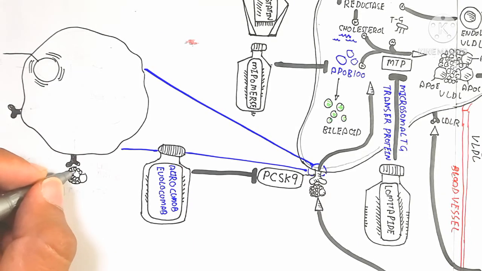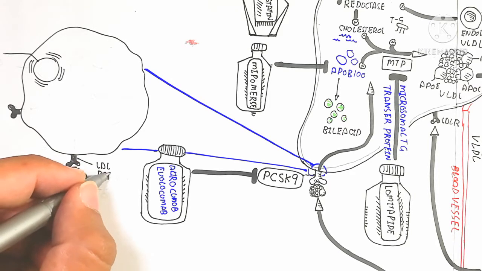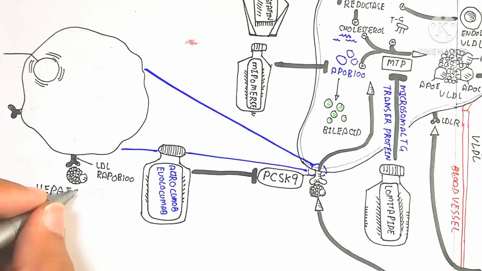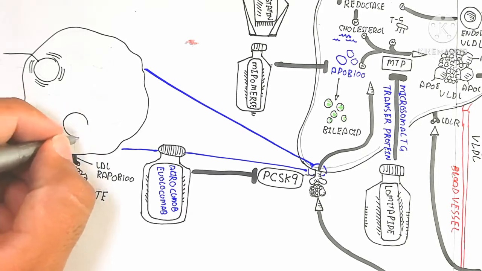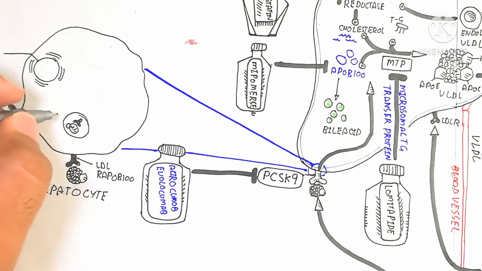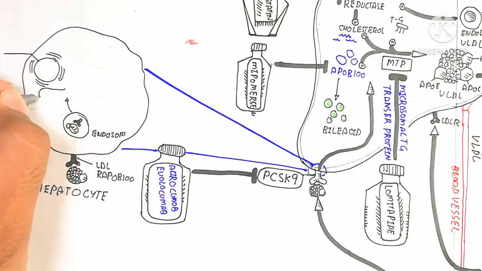For example, this is also a hepatocyte, in the form of a liver structure, but here, for understanding, is the low density lipoprotein LDL receptor with ApoB100, which receives the cholesterol and binds high density or low density lipoprotein.